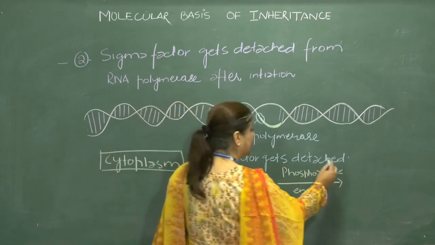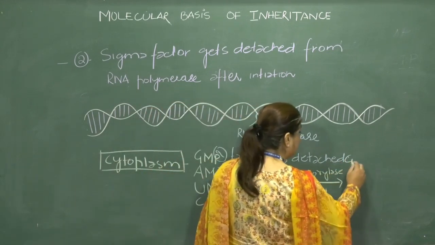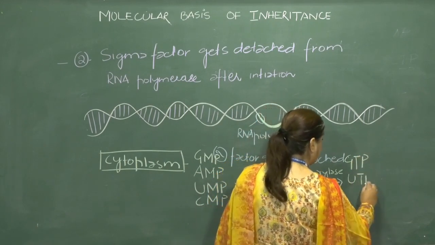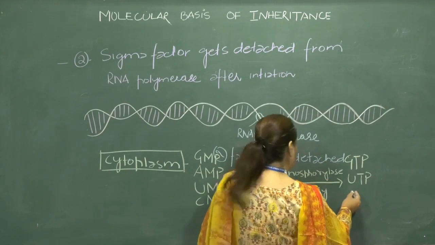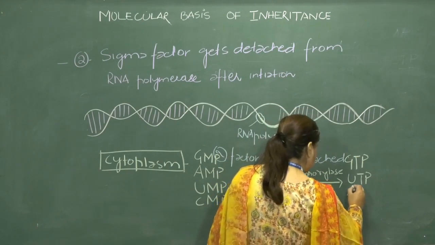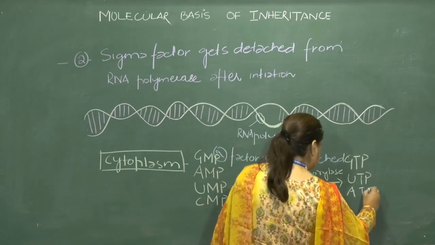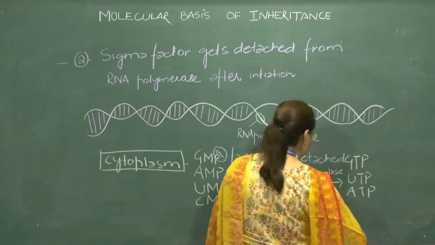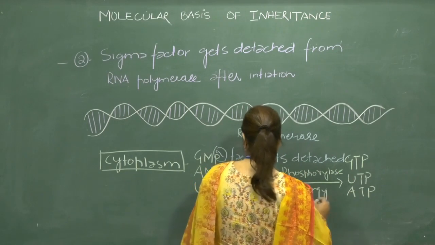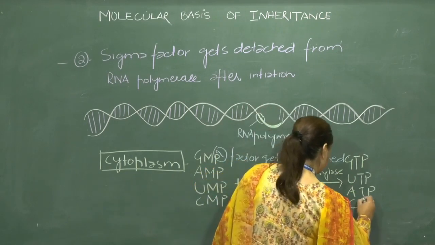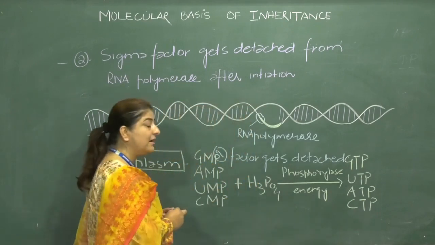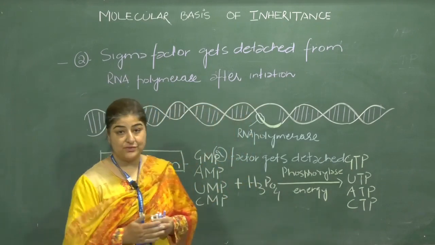Now they will get converted into GTP, UTP, ATP, adenosine triphosphate, and CTP. So now these are the bases in the triphosphate form.